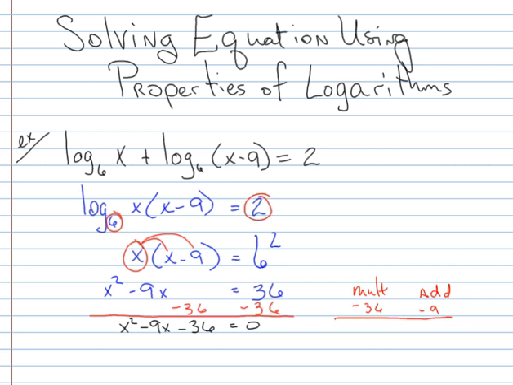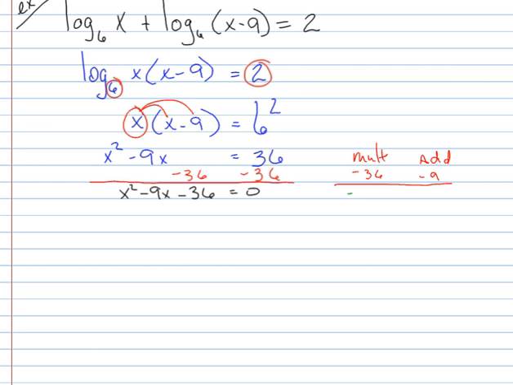I start thinking about the factors of 36. Well, if we need to, we can list all those out. I have negative 1 times 36, 1 times negative 36. I have negative 2 times 18, 2 times negative 18. I have negative 3 times 12, and 3 times negative 12.